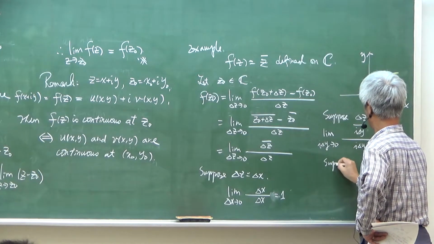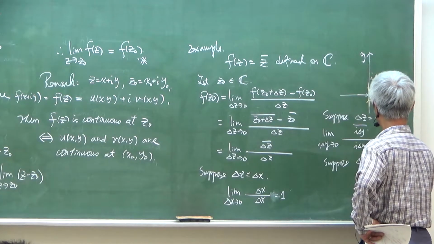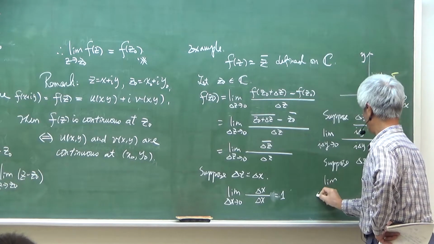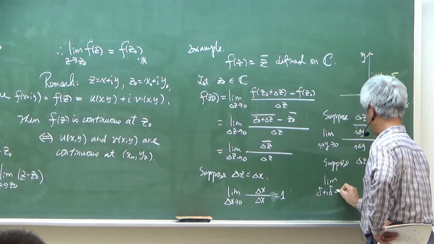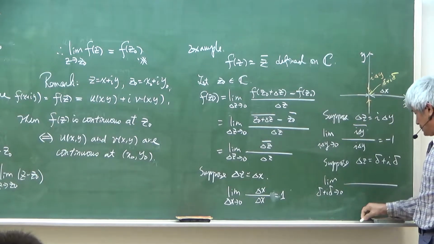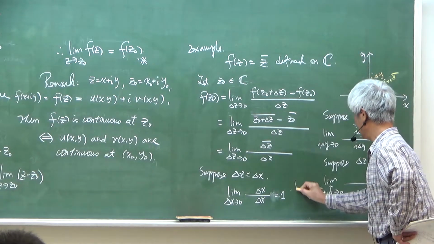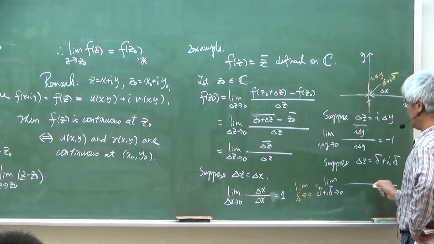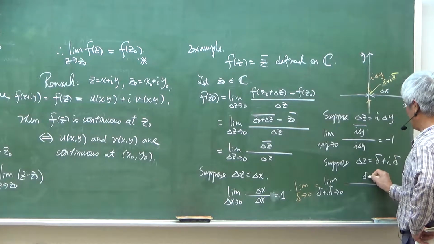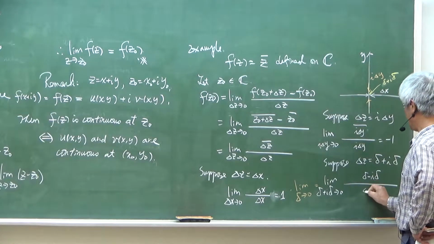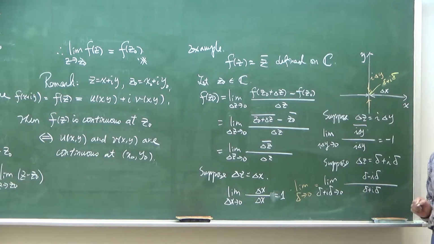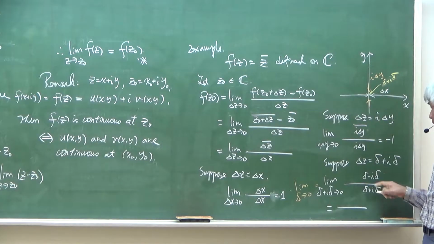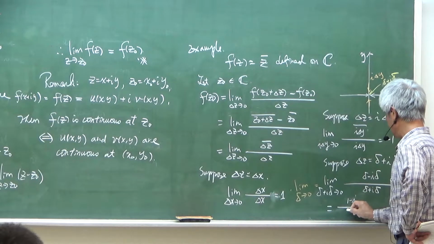So suppose delta z is equal to delta plus i delta. The limit as delta plus i delta goes to 0 is equivalent to saying that delta goes to 0. The ratio is delta minus i delta over delta plus i delta. Because delta can cancel, you get 1 minus i over 1 plus i.